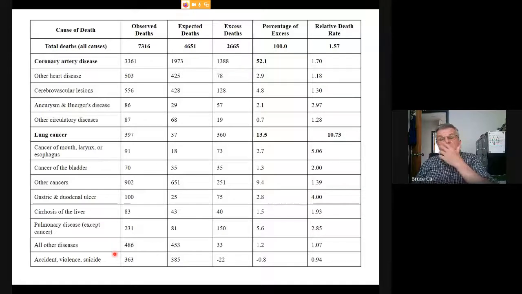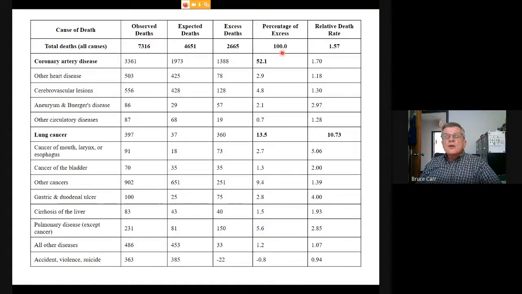So when you look at cancer statistics, you look at observed deaths and expected deaths and what's called excess deaths. When you expect this number but you observe this number, the extra is over and above the top.